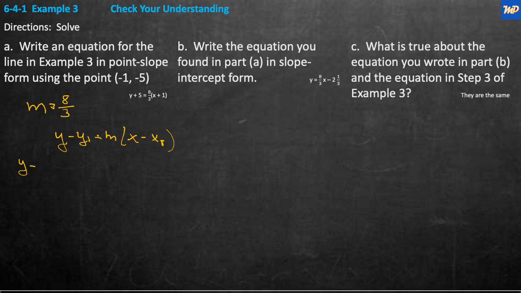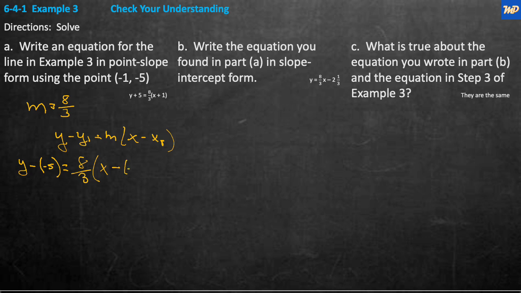y minus y1. Well, y1, they want us to use the -5. So I'm going to have to put a parenthesis here. Negative 5 is equal to m. Well, we're going to substitute 8/3. 8/3 times x minus, and it's a minus 1 for the x term.